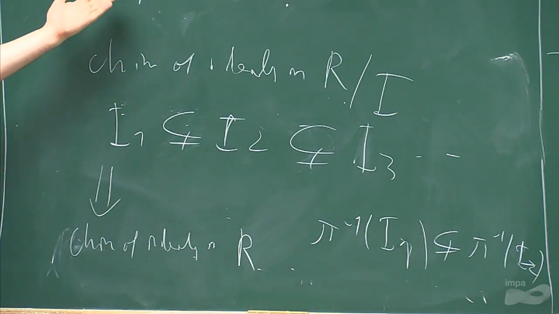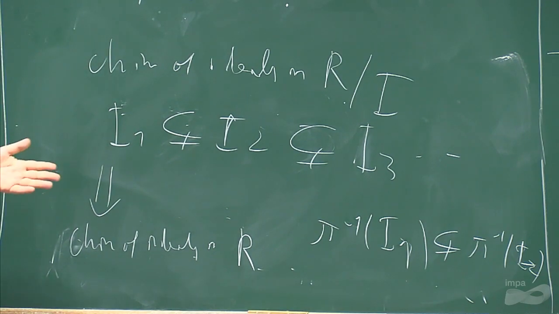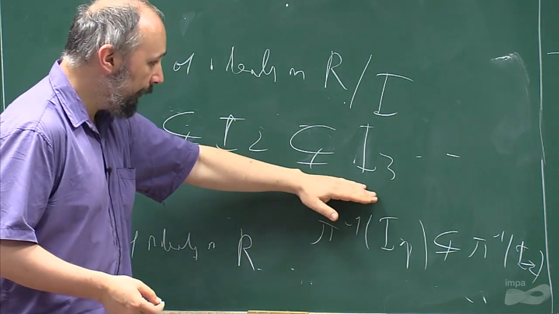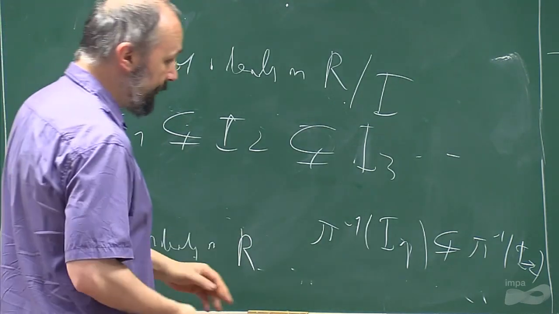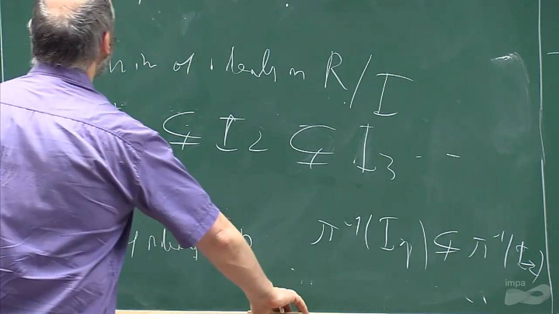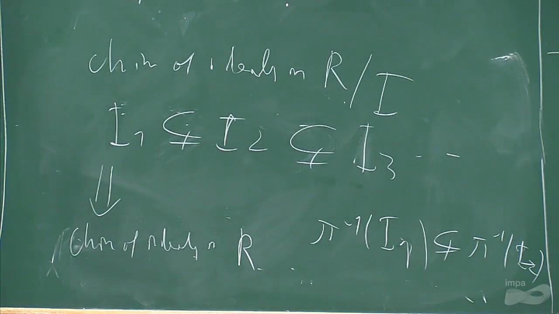This is a surjective map, so the pre-image will give you another strictly increasing chain. So this means that any quotient of a Noetherian ring is Noetherian. So if R is Noetherian, then R by I also.